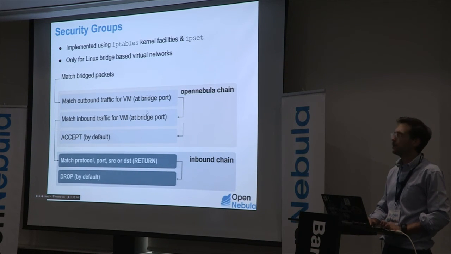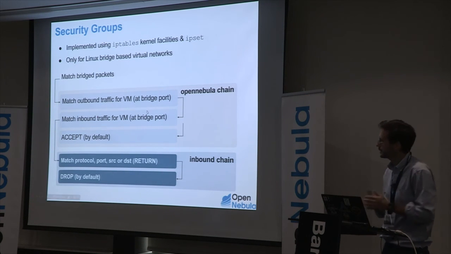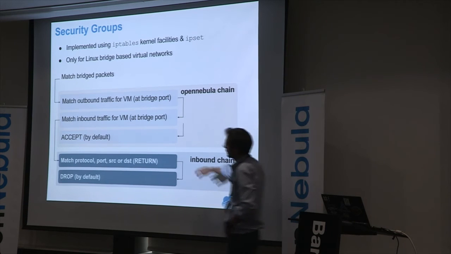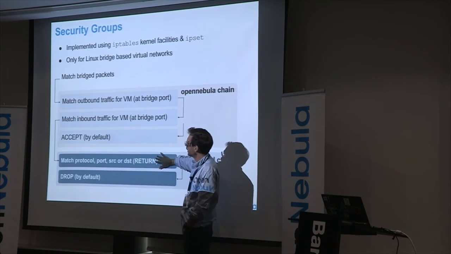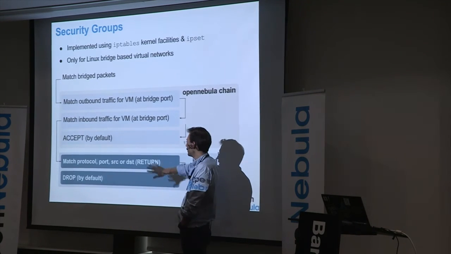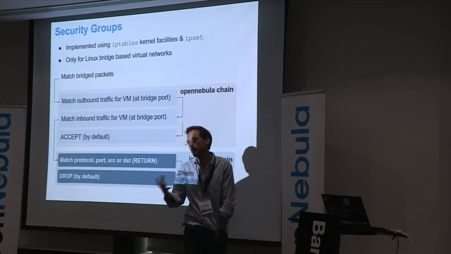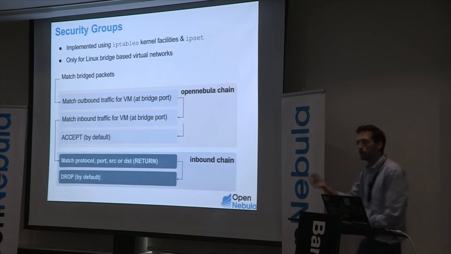So when you filter, for example, or only allow the SSH traffic, what we do is match the SSH traffic here, and by default we are dropping any other traffic. So in the security group, you define the traffic that the VM is allowed to send or receive.